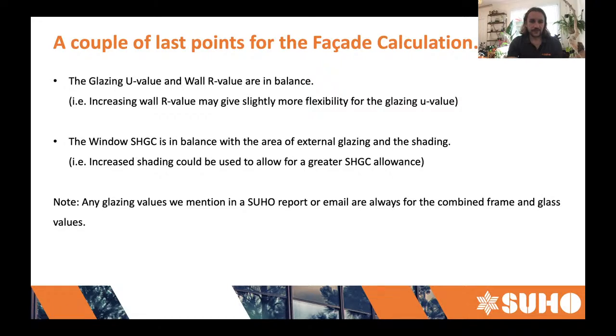Importantly, if the window solar heat gain is a little bit low hypothetically, then either reducing the amount of external glazing or adding additional shading will allow you to do that.